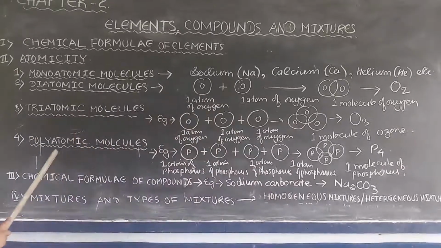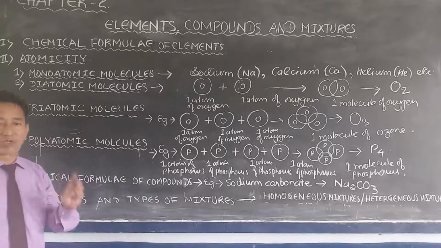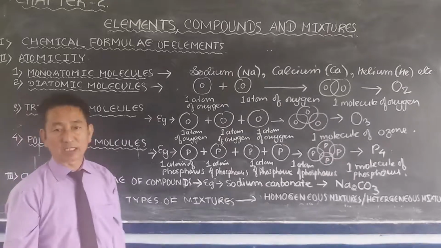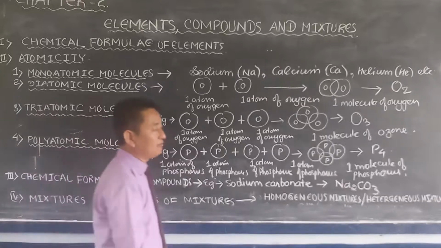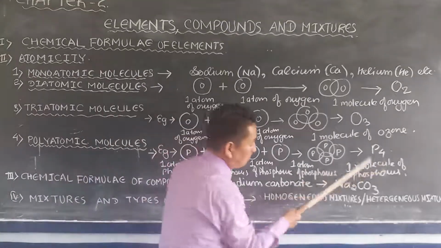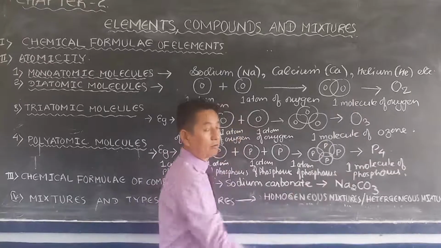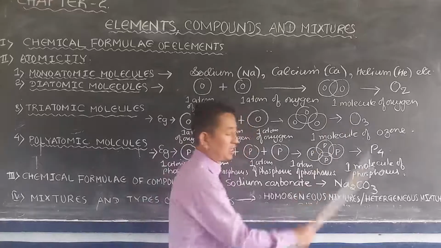Now next, polyatomic molecules. A molecule which is made up of more than 3 atoms is known as a polyatomic molecule. Example here, phosphorus. One molecule of phosphorus is made up of 4 atoms of phosphorus and its atomicity is 4.